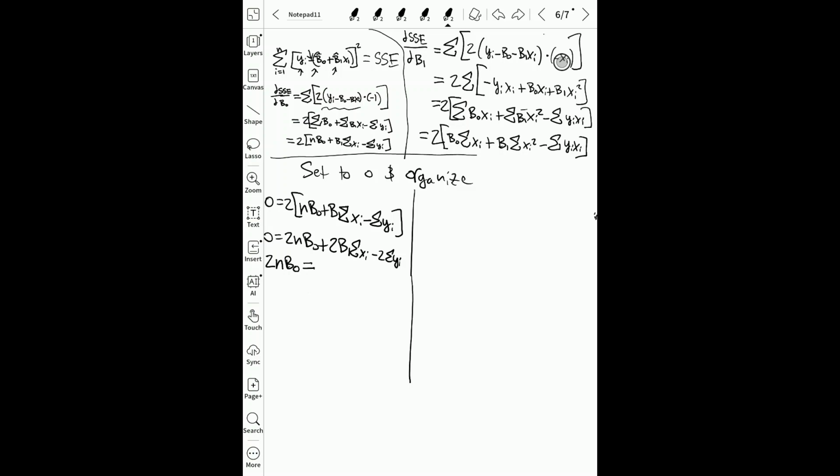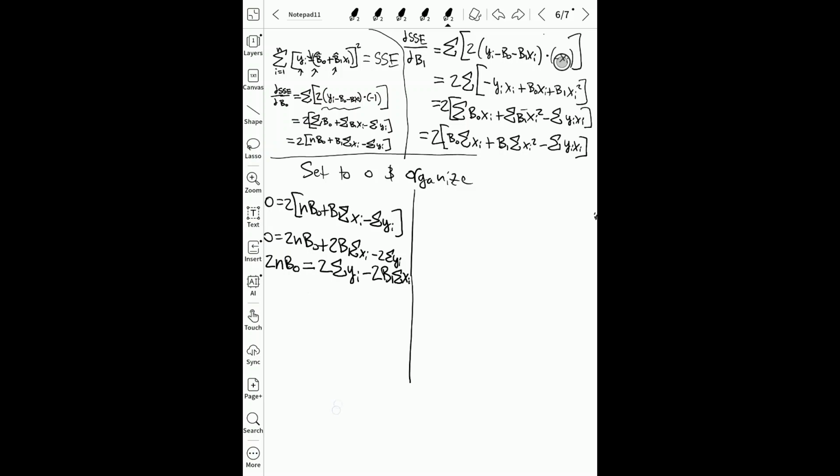Subtracting from the equation. So everything's going to flip signs. So now we're going to have a positive 2 sum of yi, and that is going to be subtracted by 2 beta 1 sum of xi, right?